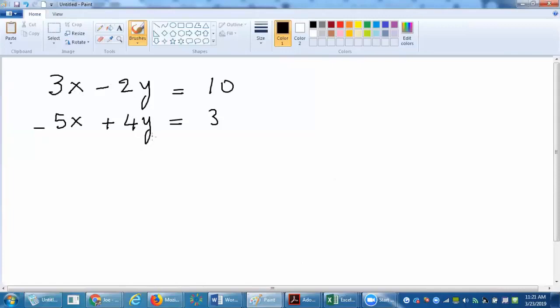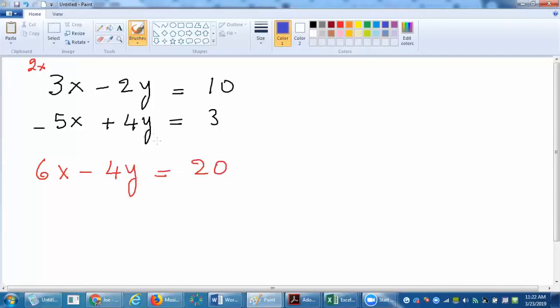Now, how do we remove one of the variables? Now, this is 4, this is negative 2. If we multiply the first equation by plus 2, then you will end up with 6x minus 4y equals 20.